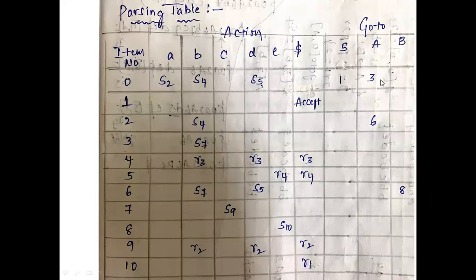That means for item number 0 with A, we get item number 3. We only consider the numbers, not the alphabet I, in the goto function: 1, 2, 3, 4, 5, 6, 7, 8, like that. So we write only the number 3 here.